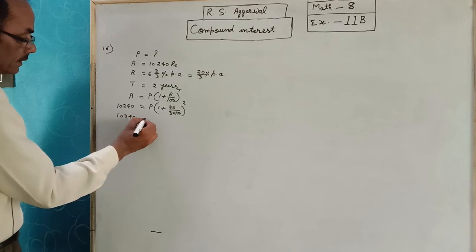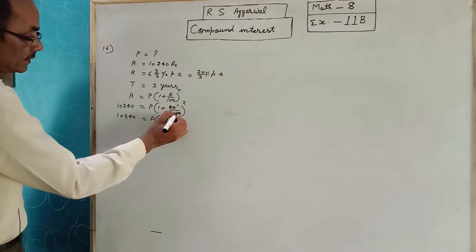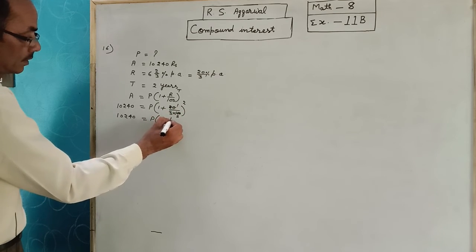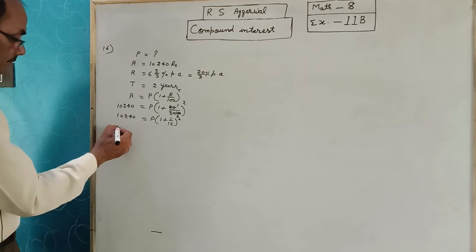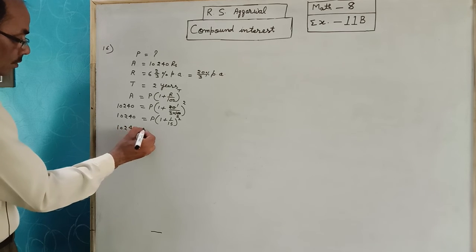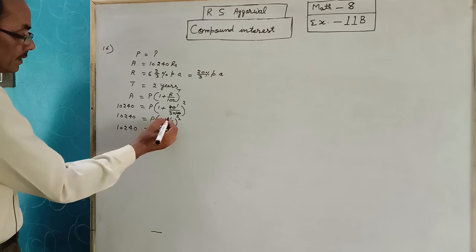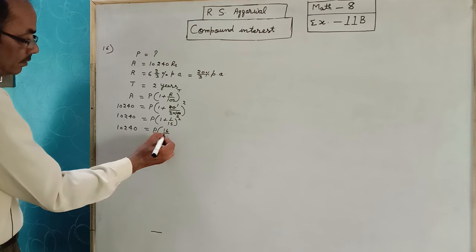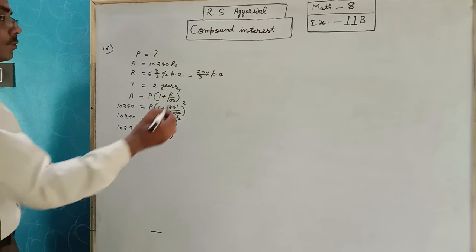10,240 is equal to P, 1 plus 1 upon 15 square. 10,240 is equal to P, 15 1 15 and 16 upon 15 has power 2.